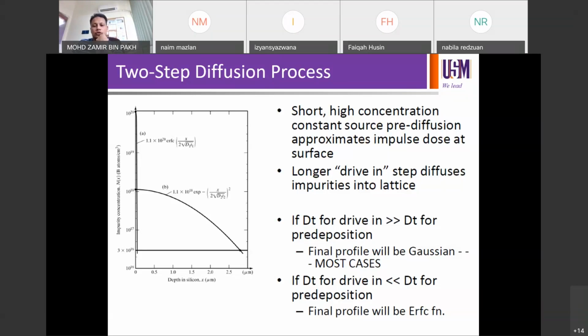Okay, so to determine the DT product, what do we do? So how do you know your DT product value? So we want to know whether driving is higher or pre-dep is higher. How do you know? Zamir, how do you know the DT product?